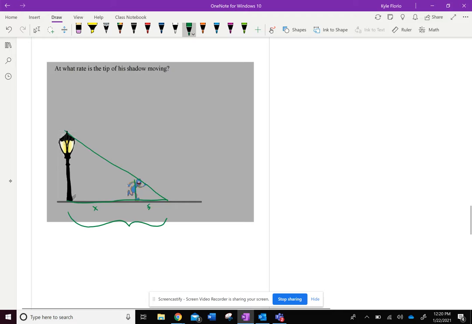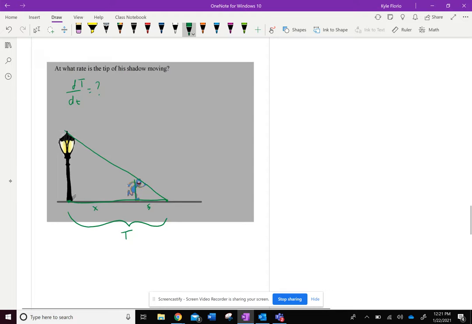So the distance from the tip of a shadow to the light pole is what we're looking at. I'm going to use a capital T for tip instead of a lowercase t because we're going to have lowercase t be time. So the rate of change of the tip of the shadow over time is what we're looking for.